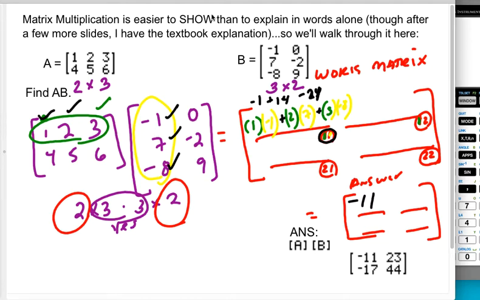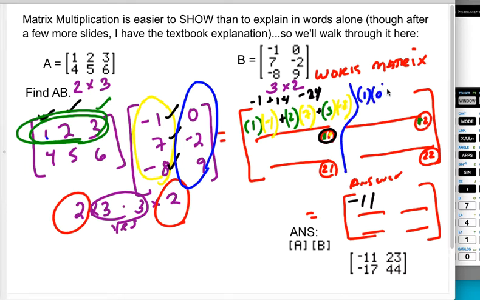All right, so I'm going to keep my green for this row because I'm still using this row, but I'm going to use blue for this column. So it's going to be the 1 times the 0, plus the 2 times the -2, that's this guy times this guy, plus the 3 times the 9.